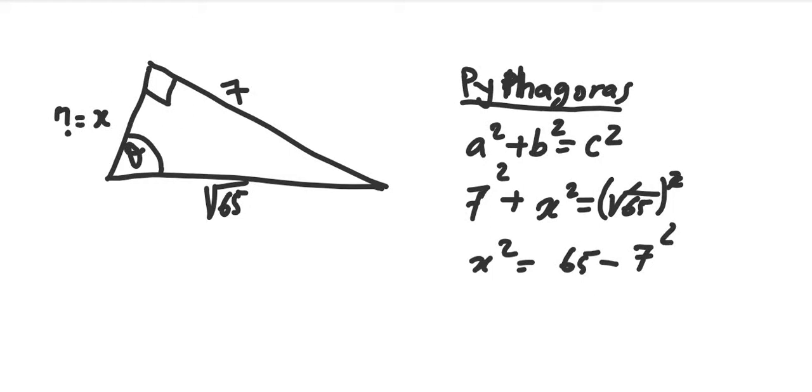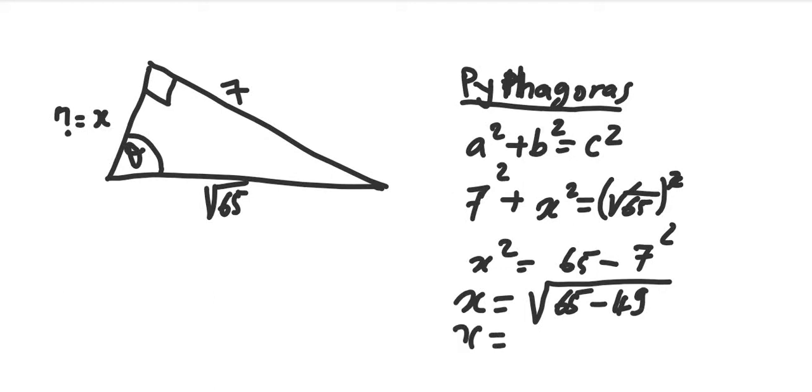Now I will obtain my x will be equal to the square root of 65 minus 49. This implies my x will be equal to the square root of 16, which is equal to 4.